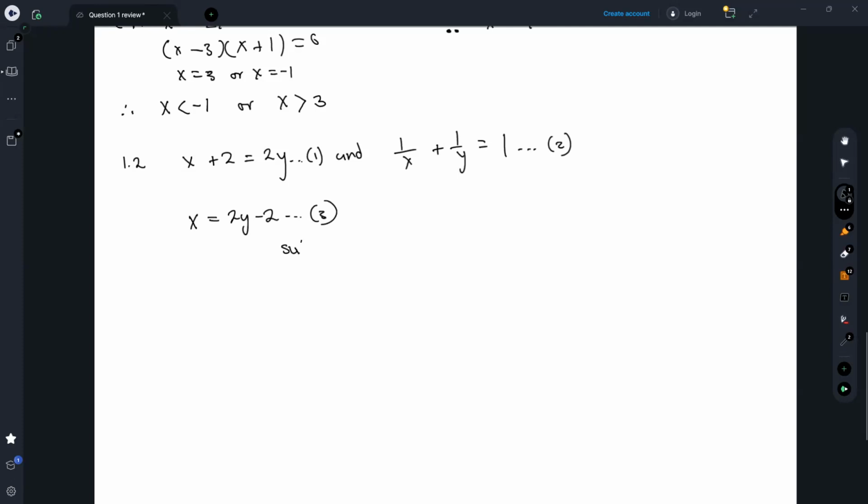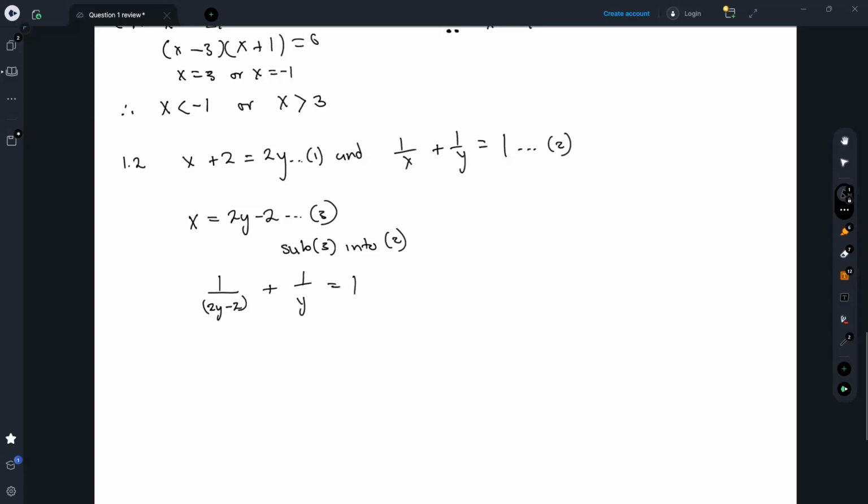So I'm going to sub 3 into 2 like that. I'm going to have 1 over, wherever there's x, I'm going to replace with 2y minus 2. So I have 2y minus 2, and this 2y minus 2 goes as 1 term. So it's plus 1 over y is equal to 1.